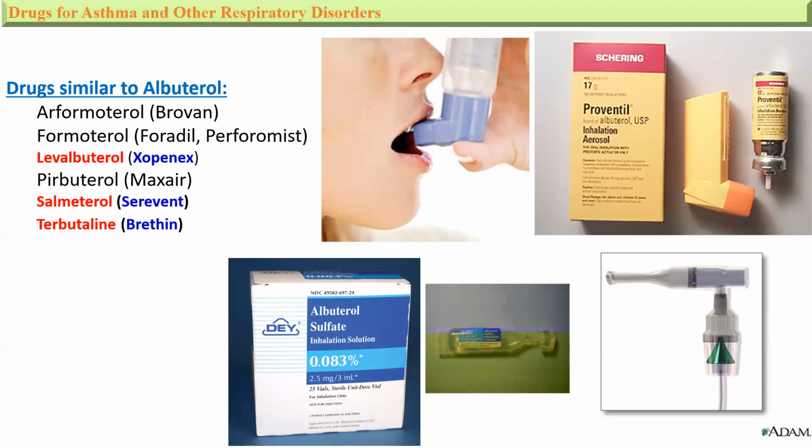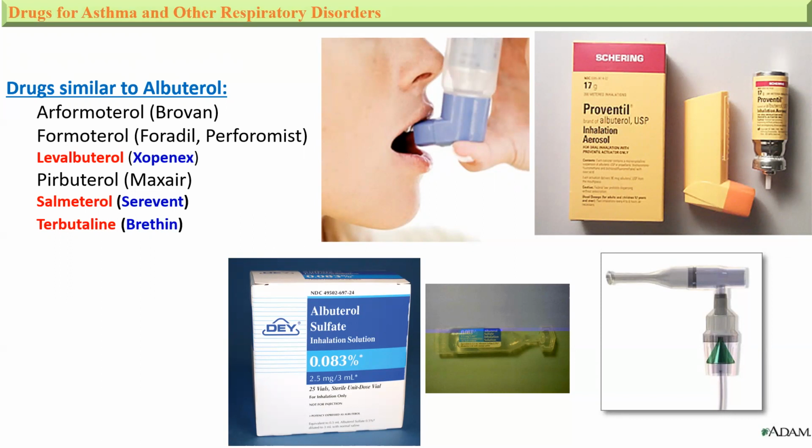Examples of drugs similar to albuterol: we have three very common drugs. The first one is levalbuterol, Xopenex, which is a short-acting SABA. Then salmeterol, which is Serevent, which is a LABA, long-acting. The last one is terbutaline or Brethine, which is a short-acting SABA.